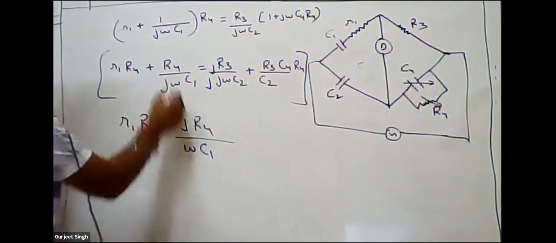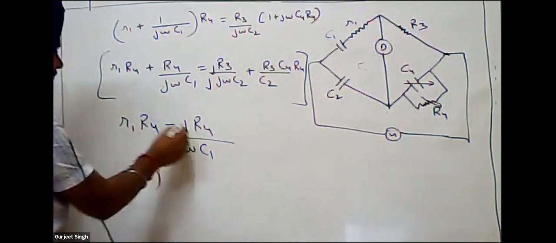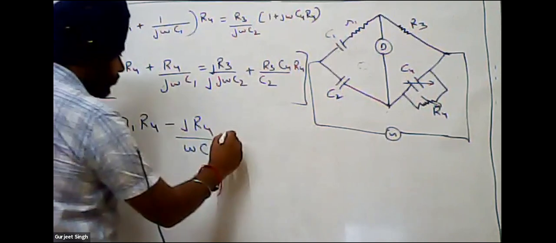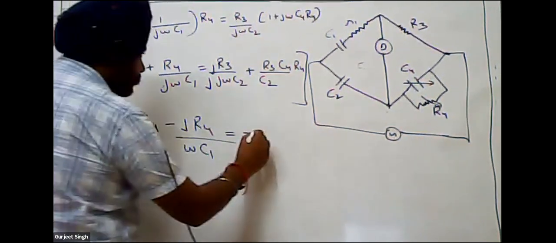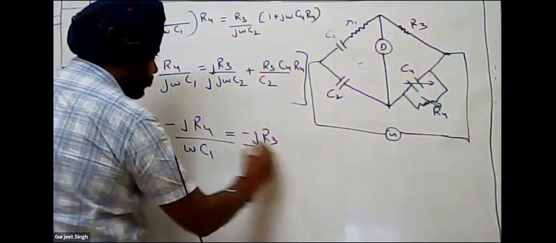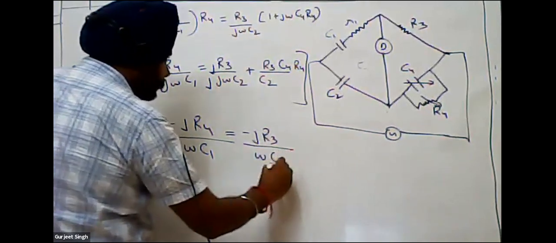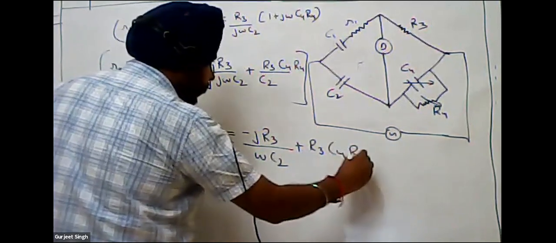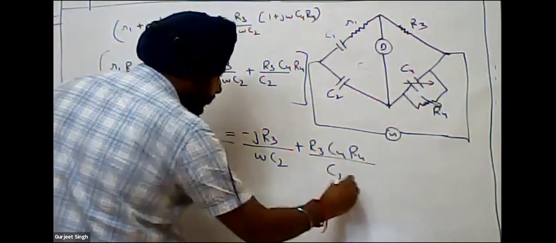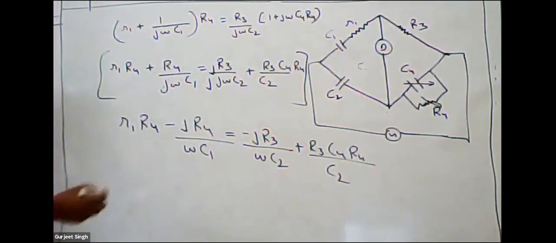It becomes iota square, and iota square is minus 1. So it is minus j. Next we have minus j R3 upon omega C2 plus R3 C4 R4 divided by C2.